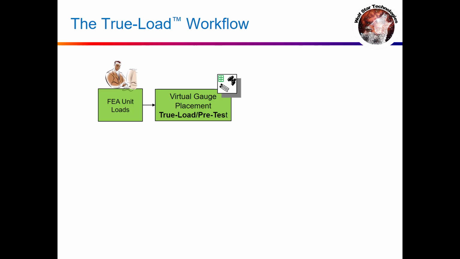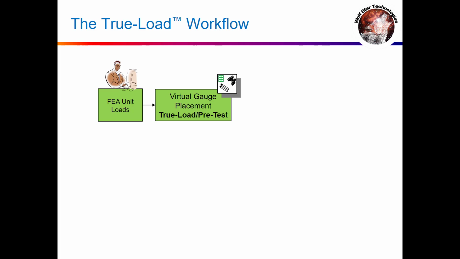In pretest, we're going to take a look at the strain results from all those unit load cases and then come up with the optimal strain gauge placements. And once we've got the strain gauges laid out, we have tools that allow you to reposition and reorient the gauges so that they're nice locations for the test engineers to lay the gauges.